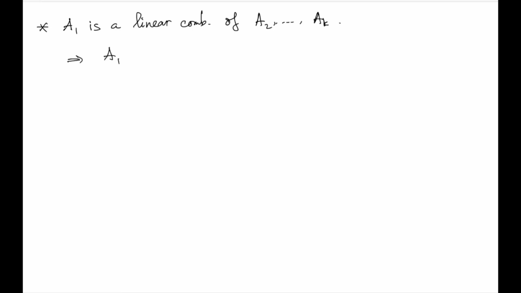All right, so now A1 is a linear combination of the others. That means you can write A1 as R2 A2 up to RK AK for some real numbers R2, ..., RK.